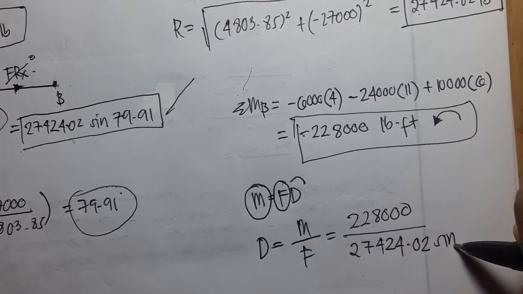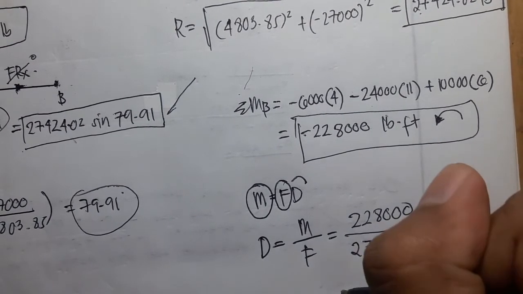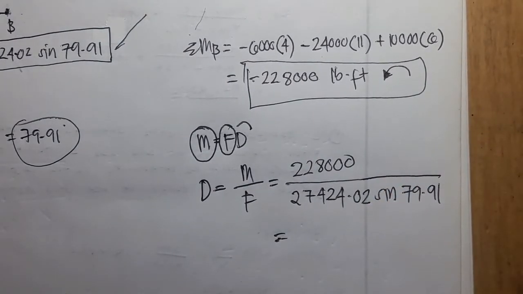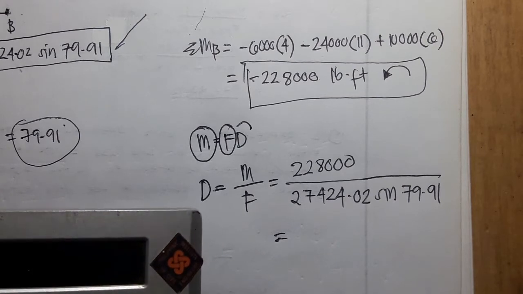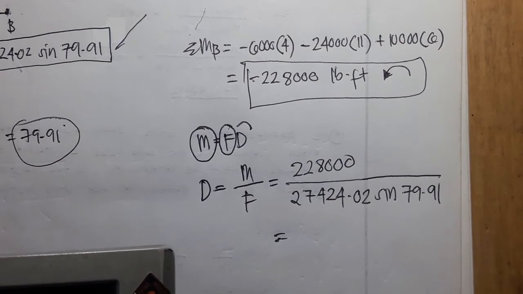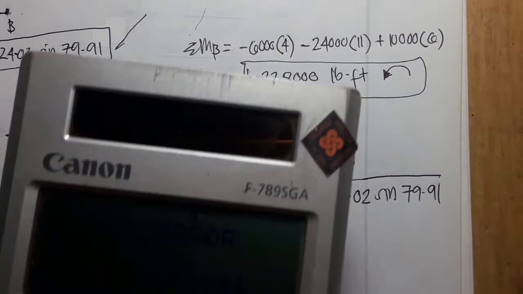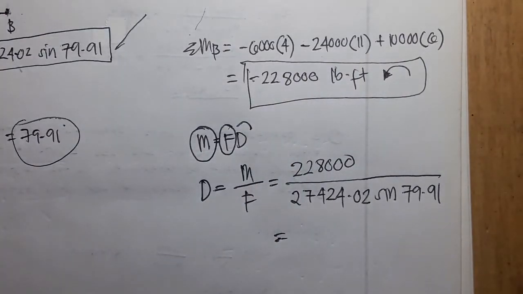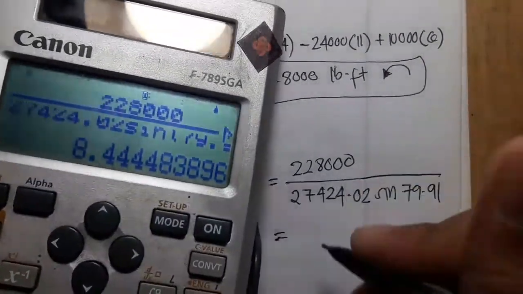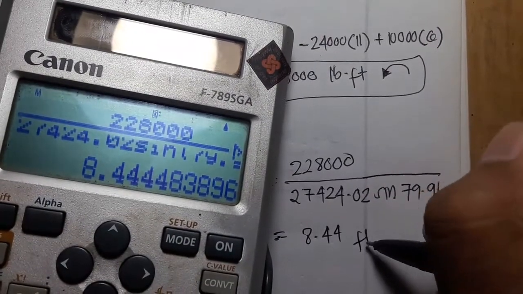27,424.02 sine of 79.91. So the distance is 8.44 feet.